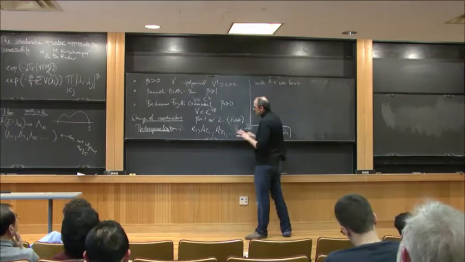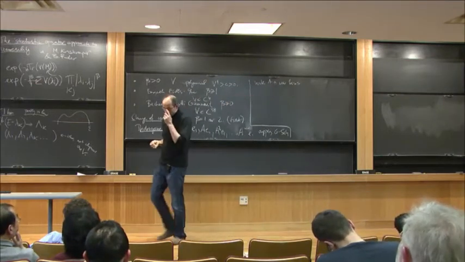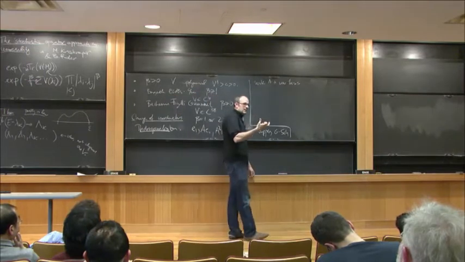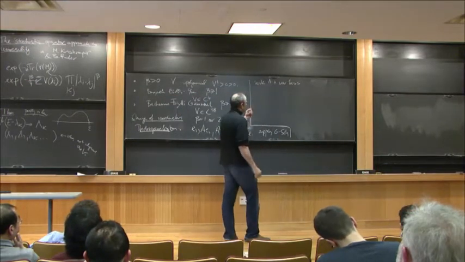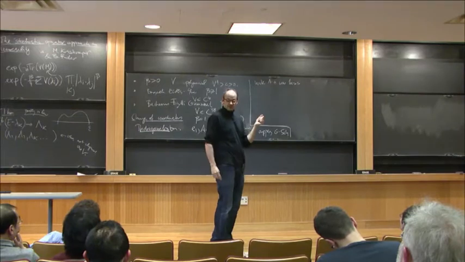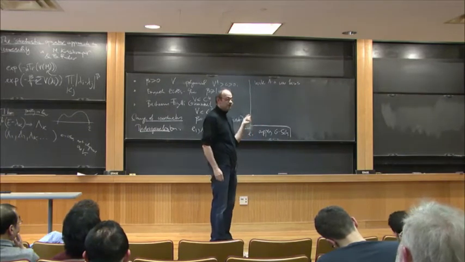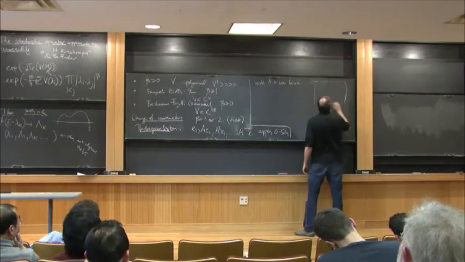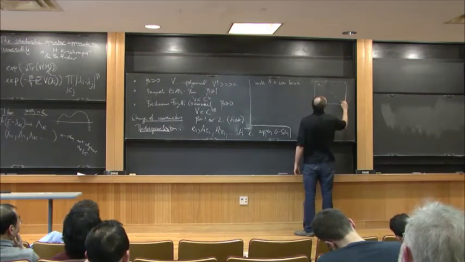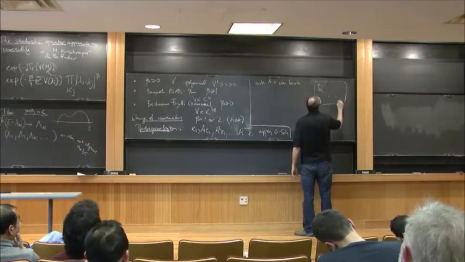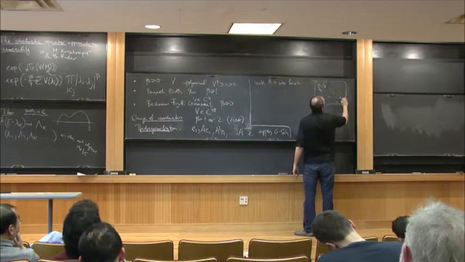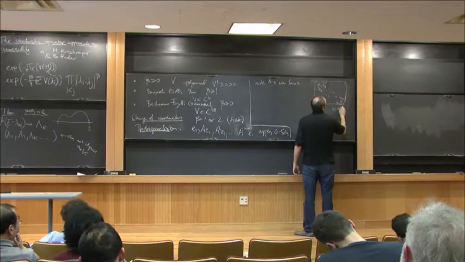It's a standard simple exercise that when you do this, what you get is a Jacobi matrix. It will be tridiagonal, symmetric, and if you did it right, the off-diagonal entries will be positive. So that's what the Jacobi matrix is. It looks like this. The b_i are strictly positive.